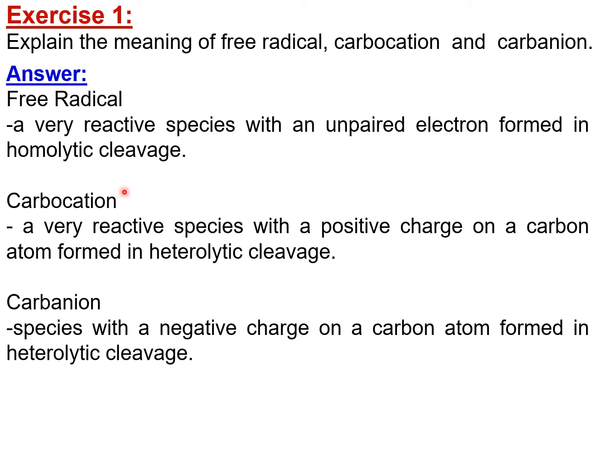Carbocation pula dia form in heterolytic cleavage. Dia very reactive species with a positive charge on a carbon atom. Carbanion pun dia terhasil daripada heterolytic cleavage, tapi dia adalah spesies yang ada negative charge on a carbon atom.